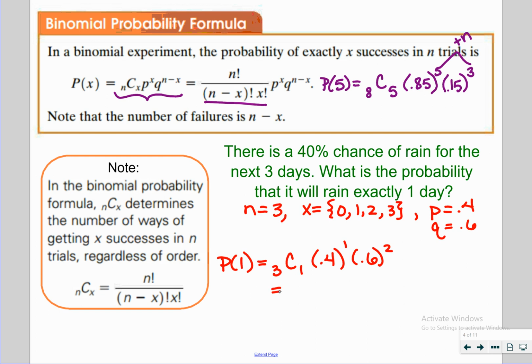And then type it in your calculator. So 3 choose 1, actually I just know that one, that's going to be 3, times 0.4 times 0.6 squared. And I get 0.432.